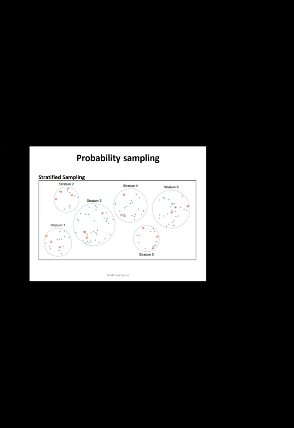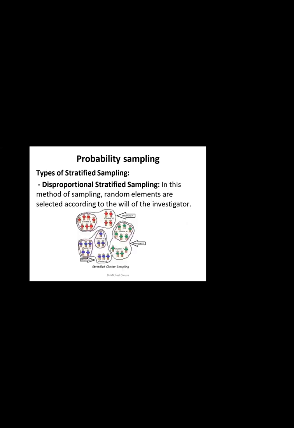You see the population size: number 1 is a bit bigger, number 2 is smaller, number 3 is very big. So more people should be selected from number 3 than from number 1 and 2. And that is what we mean by stratified proportional. If you have a high population, then according to your proportion in the sample, more people are going to be selected. Next slide.